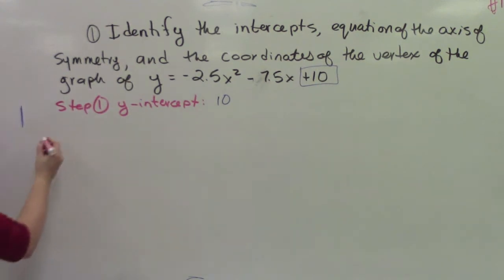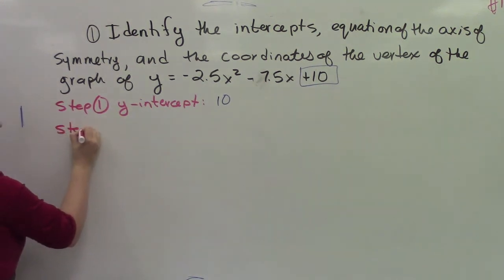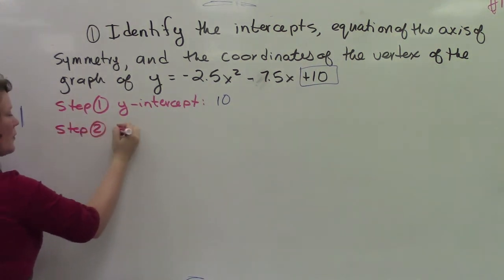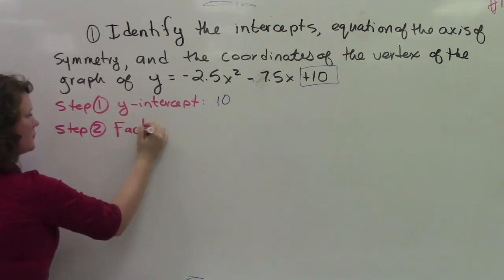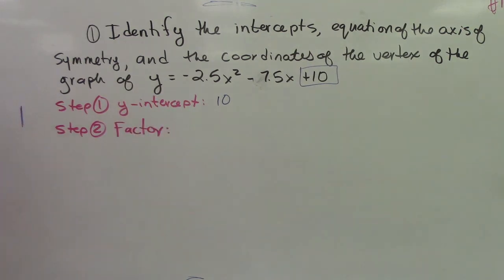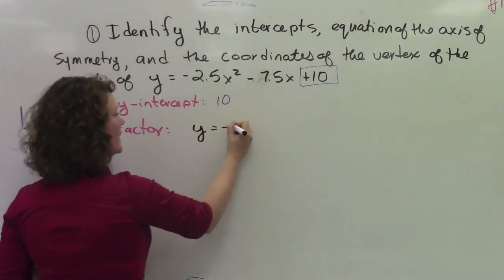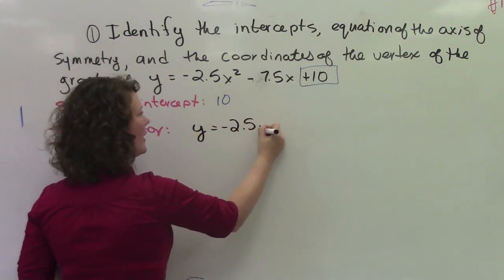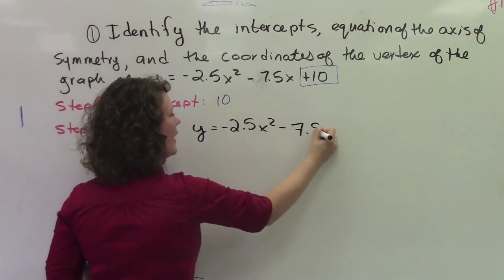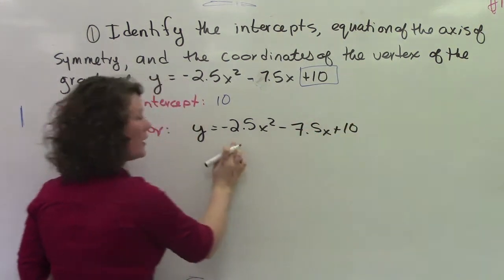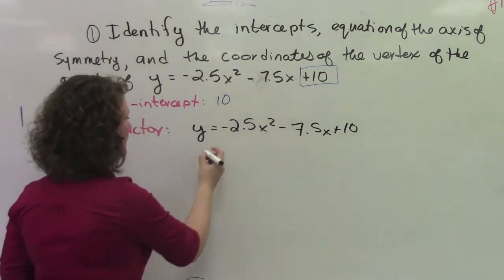Step 2. We want to factor it. So y equals negative 2.5x squared minus 7.5x plus 10. I want to pull out a 2.5 from each term.